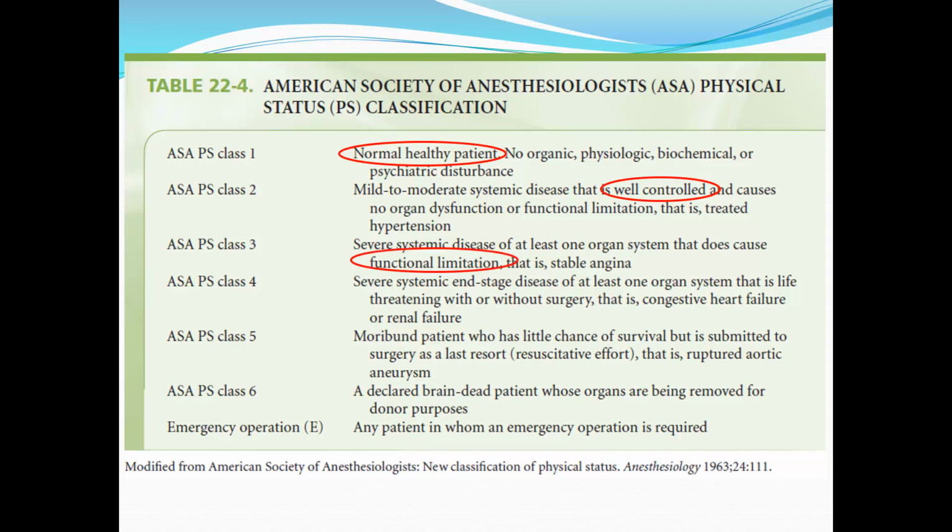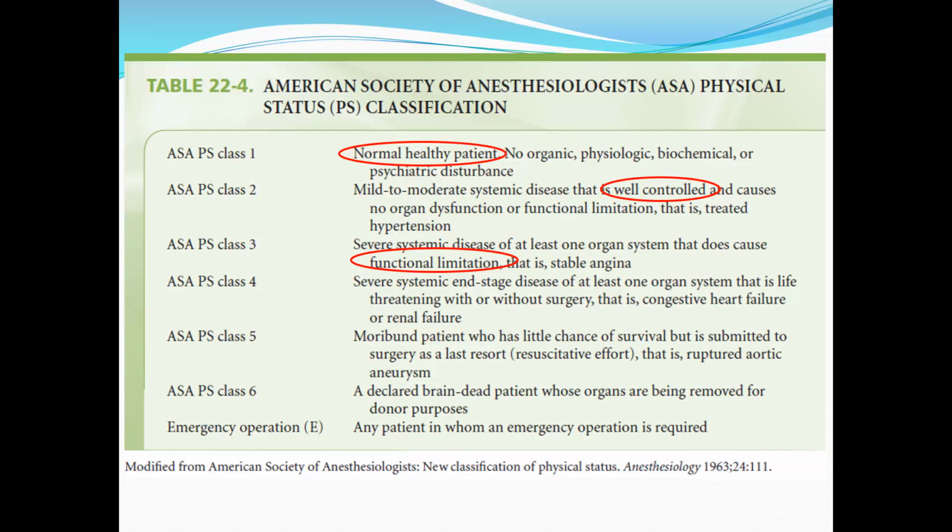Now, ASA 3 patients are the ones with severe systemic disease of at least one organ, and they do have some functional limitation. An example of this, the common one, is stable angina. Everything is well controlled, but there is functional limitation from angina. Moderate kidney disease would go in here. I would argue that severe obesity should go in here.